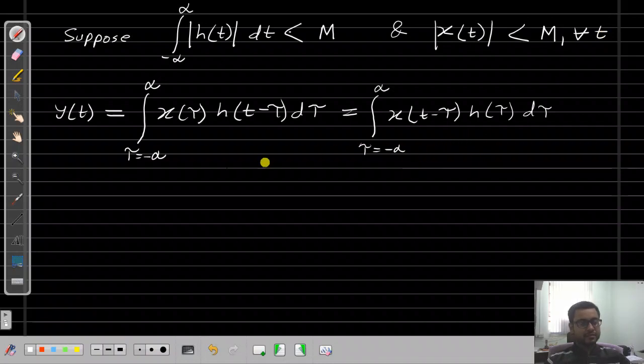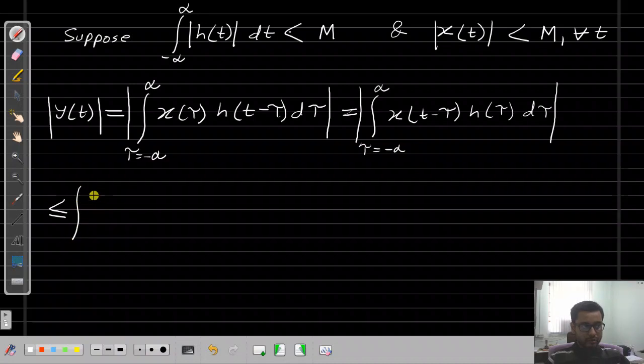Okay, then I can write that the modulus of y(t) will be the same as the modulus of this or this, and that can be written as less than or equal to the integration of the modulus of x(t minus tau) h(tau) d tau, minus infinity to plus infinity.